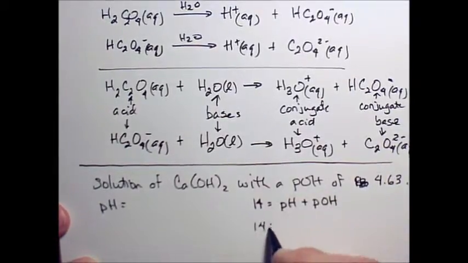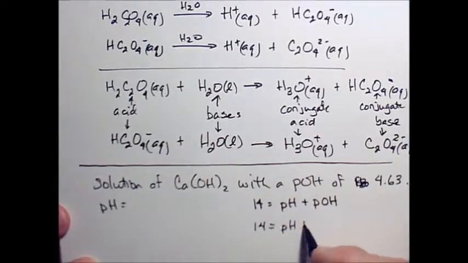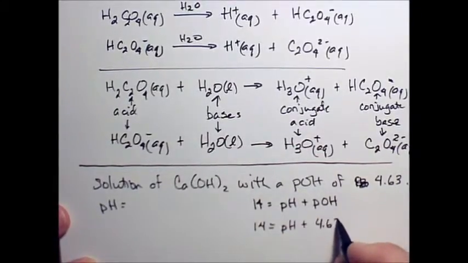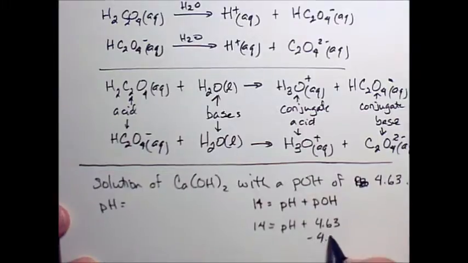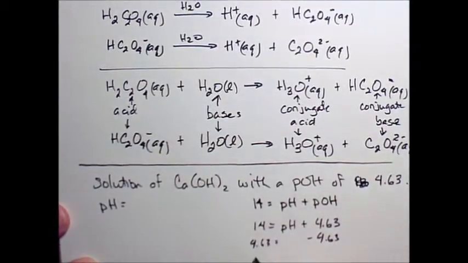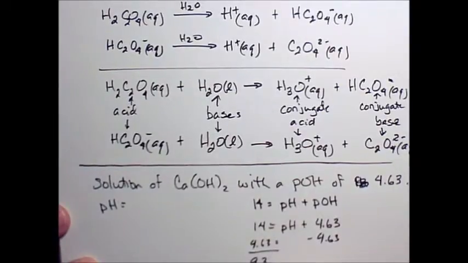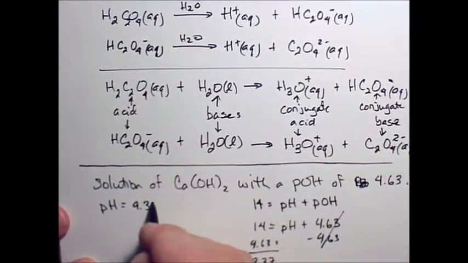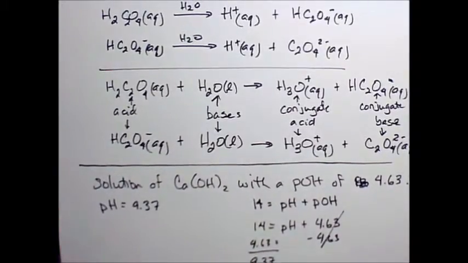So 14 equals pH plus 4.63. You subtract 4.63 from both sides, and you get 9.37. So the pH is 9.37. All right.